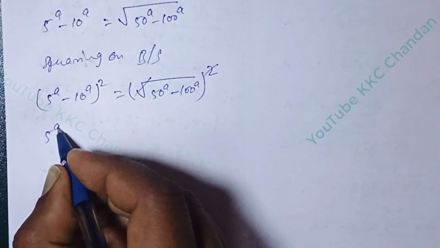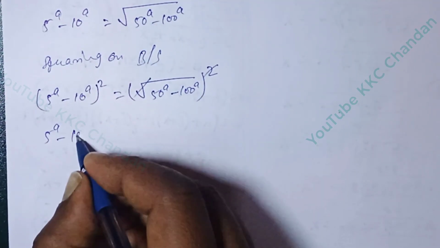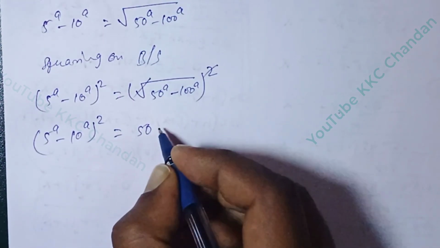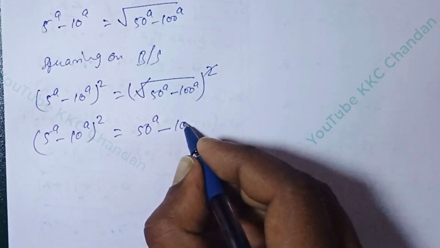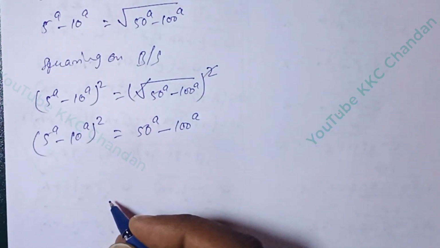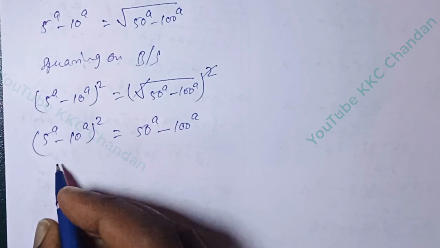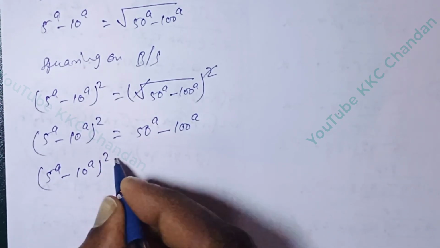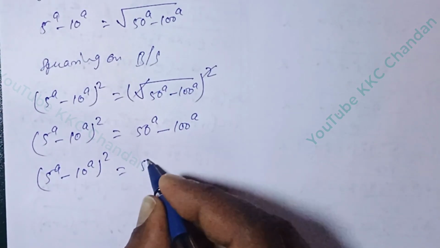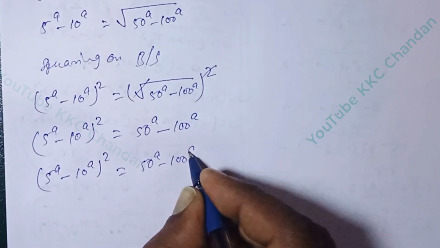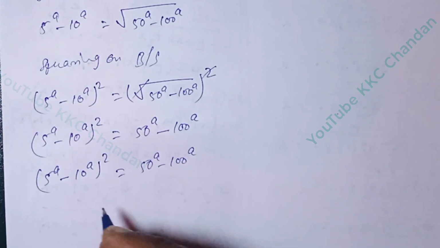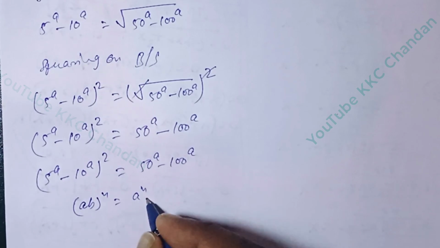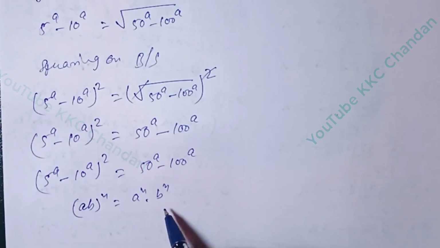So (5^a − 10^a) whole square is equal to 50^a − 100^a. Next step, we know that (ab)^n will be written as a^n into b^n. This rule applies in this place.